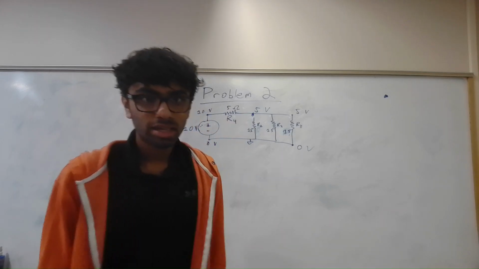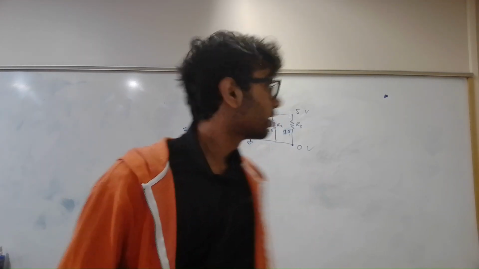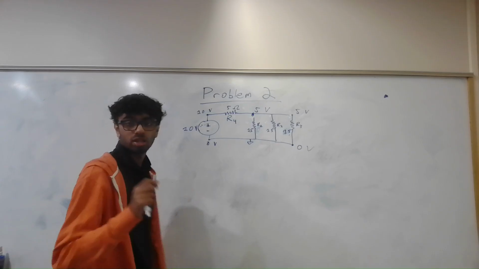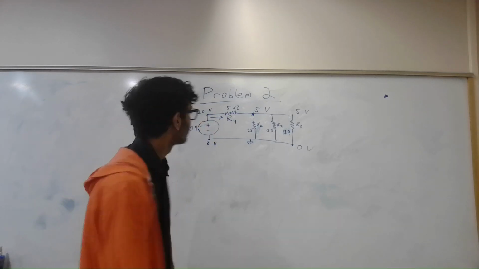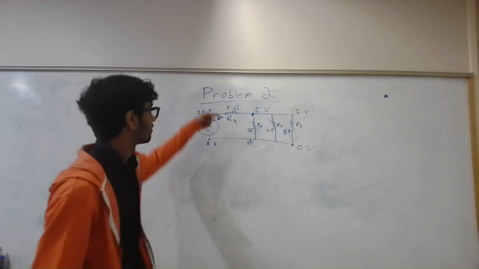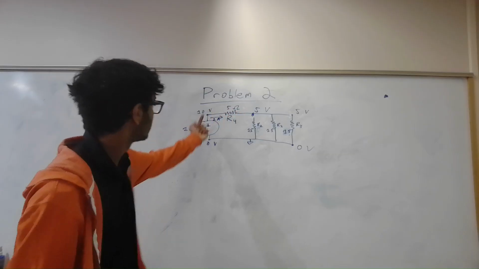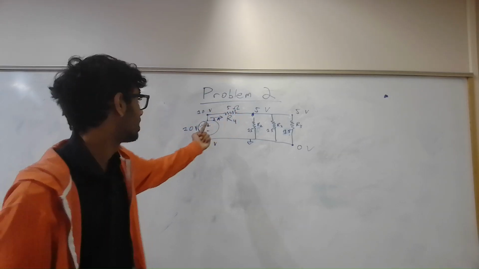Up next, how much power does the battery supply? Okay, so first of all, I just told you that the current through there is 1 amp, right? There's 1 amp of current that flows through there. And because the battery is directly connected to that resistor, it's the same current that flows through the battery.